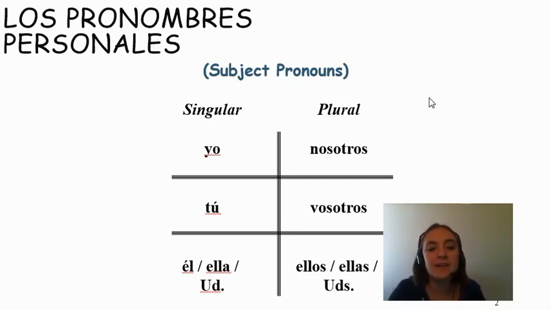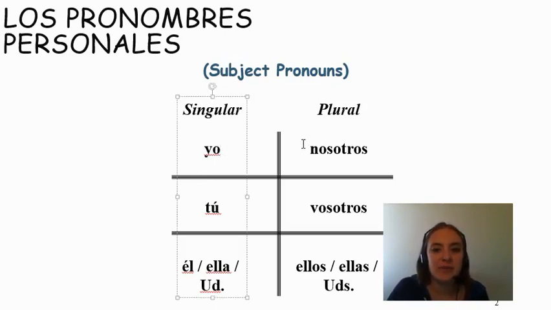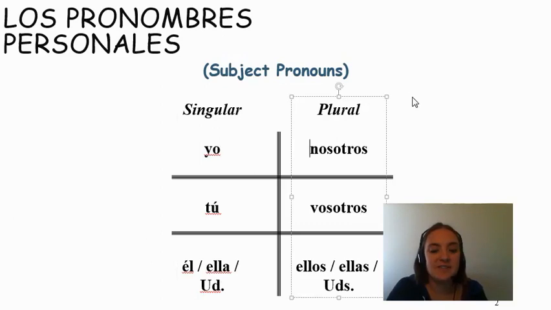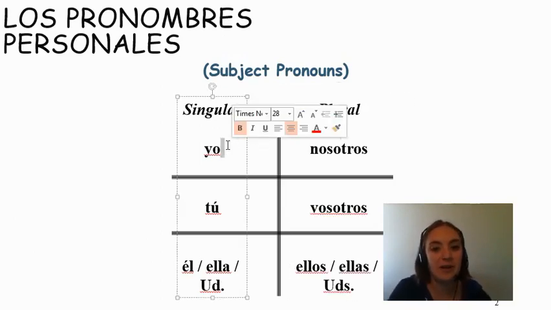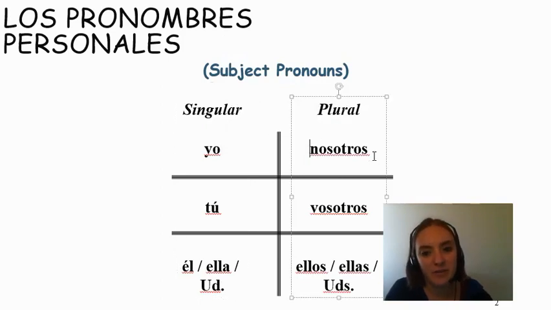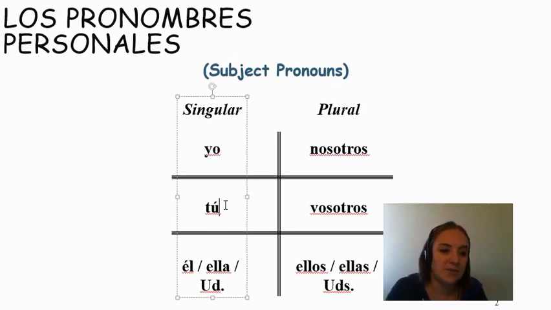Something I want you guys to note is that each subject pronoun is right next to its plural. So if I have just me, it's yo. But if I have me and other people, that becomes we, or nosotros. Tú is one buddy, you.